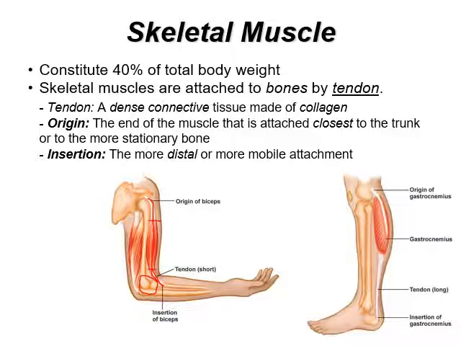All they can do is shorten. There's no force when the muscle is lengthening. The only force is the contraction force as it gets smaller. As this muscle gets smaller, it's going to pull the forearm towards the upper arm.